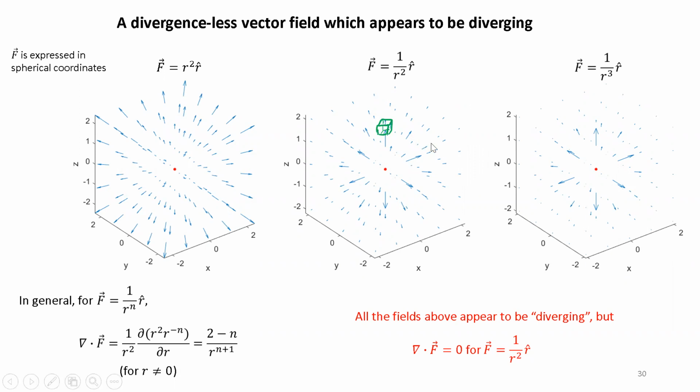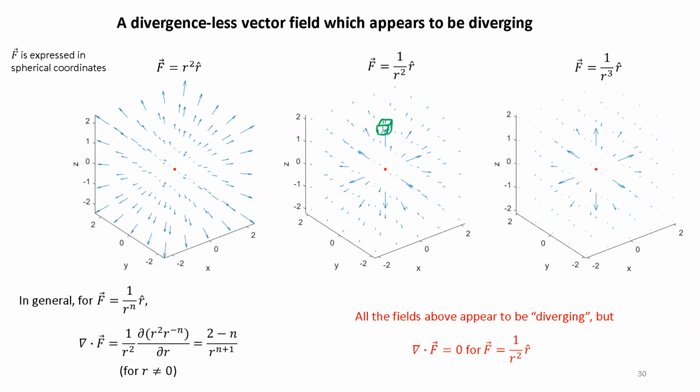The divergence of a field is telling us whether we have flux through this small box. So when we talk about divergence, we should really think of a local behavior of the field.